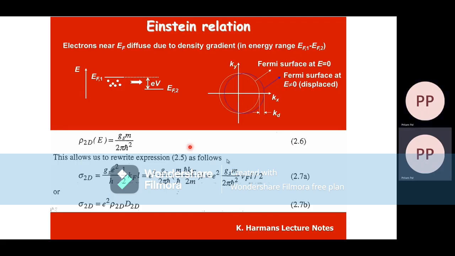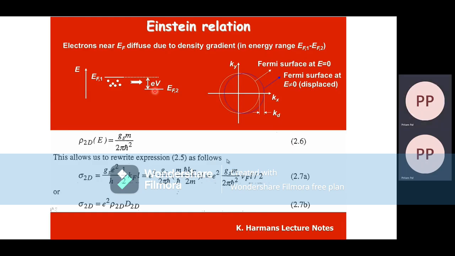That can be created by the voltage applied to the sample, and the extra electrons will try to occupy the states, the spaces on the right, as shown here.